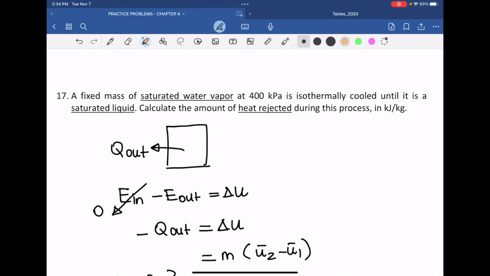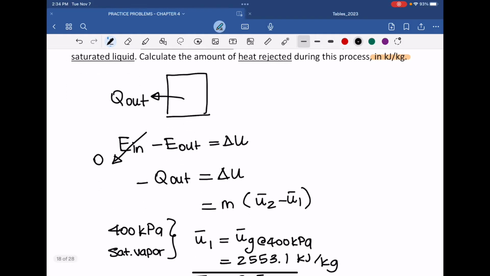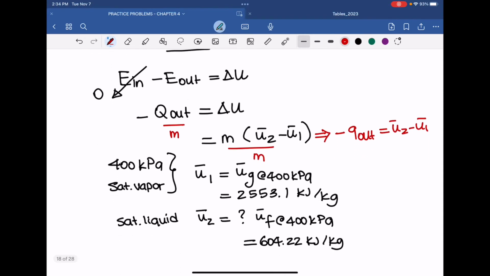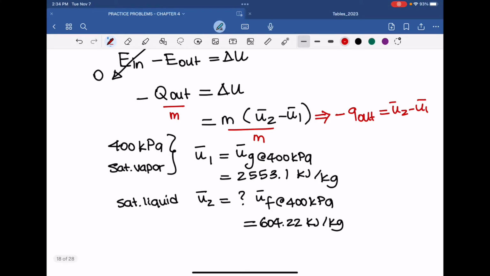If you read it carefully, it actually asks you heat rejected per unit mass, meaning if you simplify your equation by dividing each term by mass, what you have is gonna be heat getting out per unit mass. So all you need to do is subtract the internal energies.